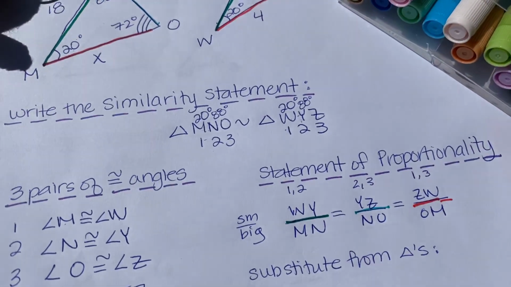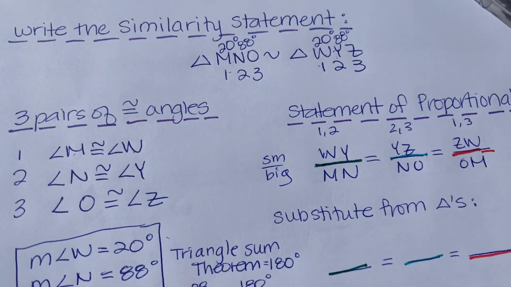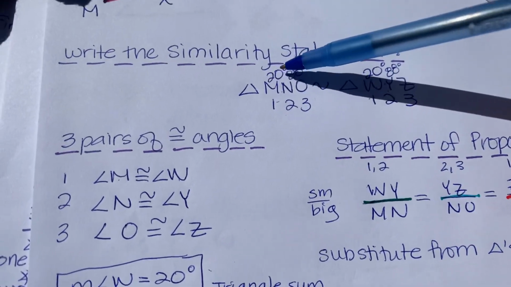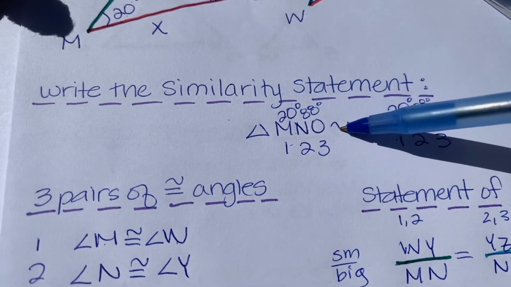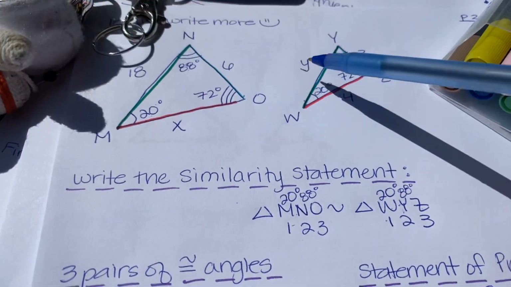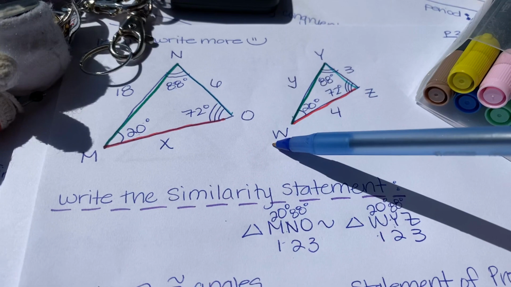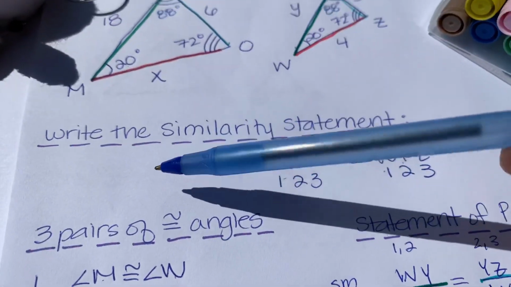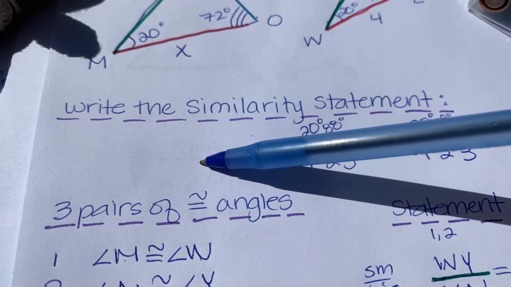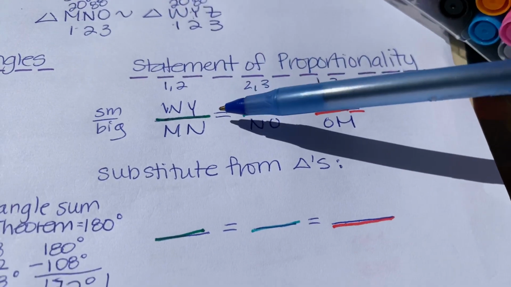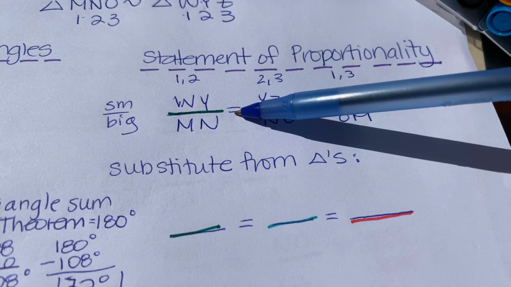Remember, you need to understand the similarity statement. If you understand just this and you're not given any of this drawing, you don't need the drawing. They would just have to tell you, this angle degree is this, this side length is this, and you should right away be able to jump into the statement of proportionality.